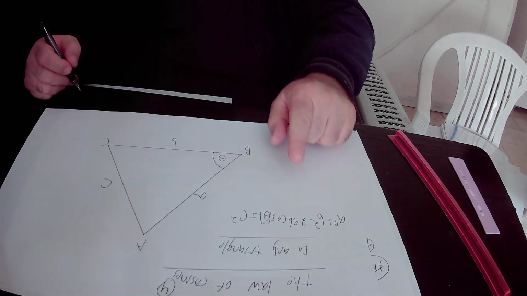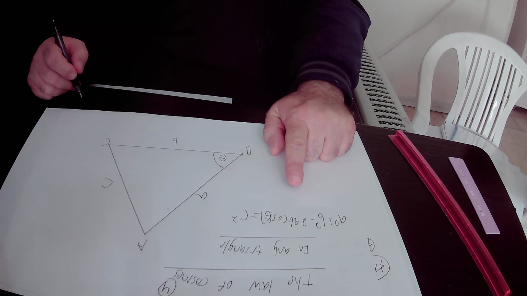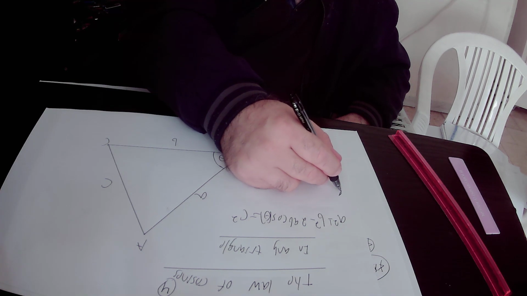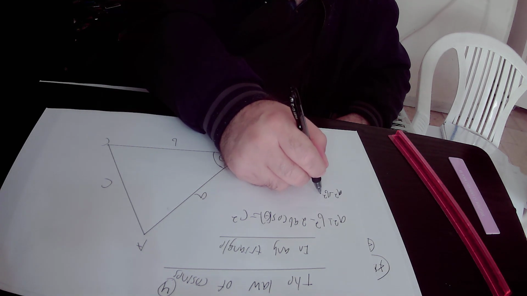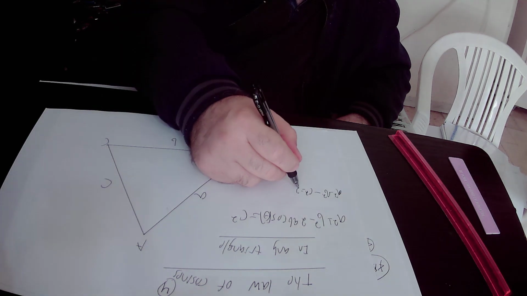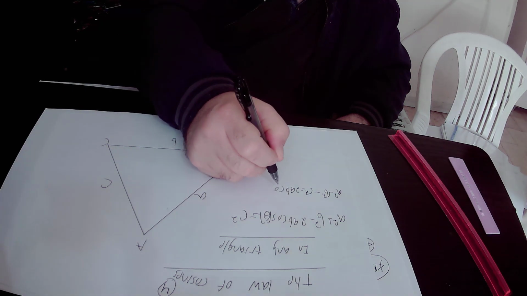Here we will subtract C squared and add 2AB cosine theta to this equation, and we will get that A squared plus B squared minus C squared equals 2 times AB cosine theta.